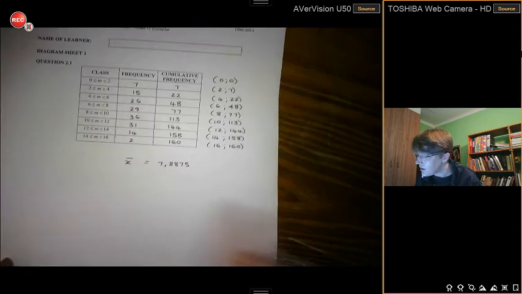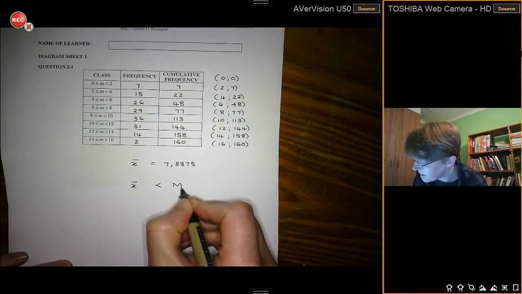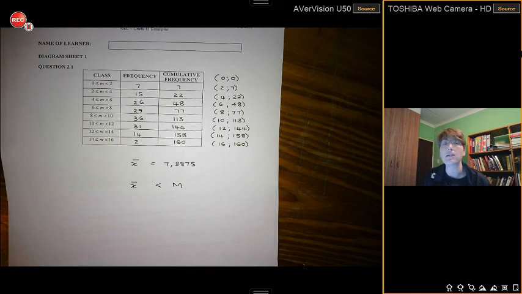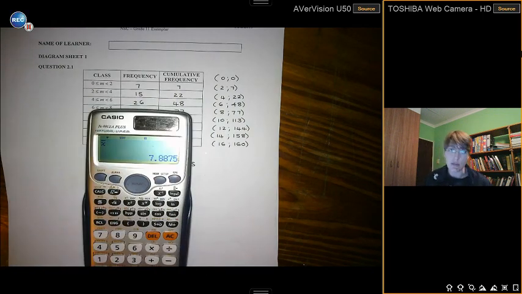So this mean is less than the median, which means this data is in fact skewed to the left, if you weren't completely comfortable with that. And you can then use this as well to get to your standard deviation.